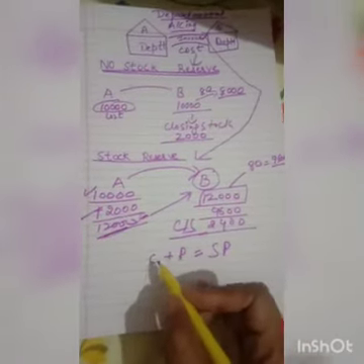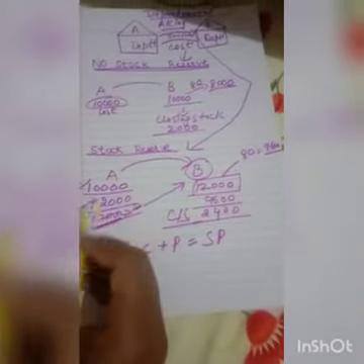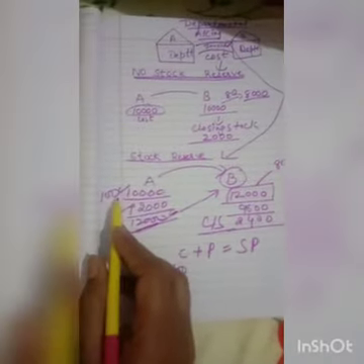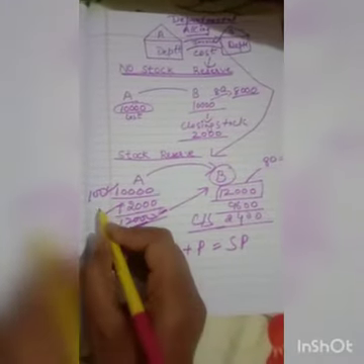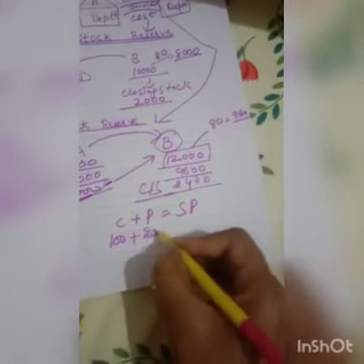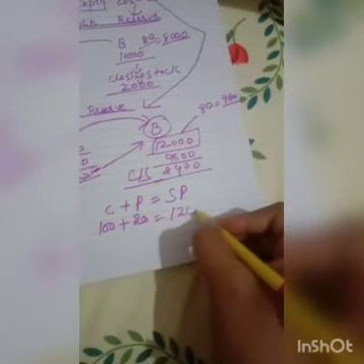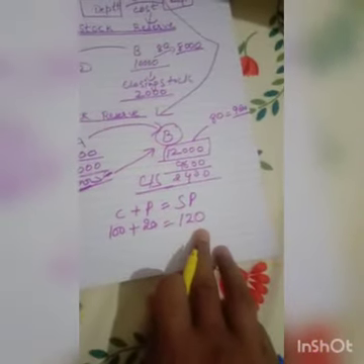Just suppose here I am taking cost price as 100, and this is 20% of it, so 20. And the sale price will be 120.